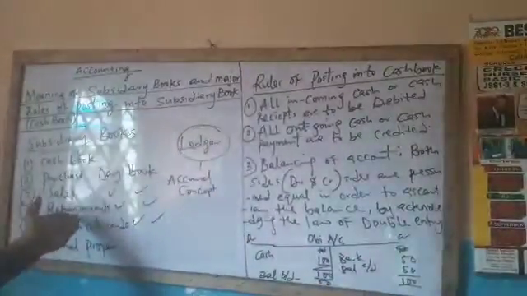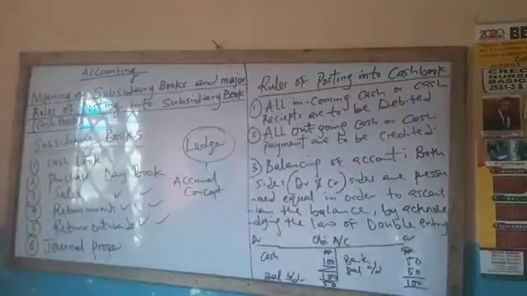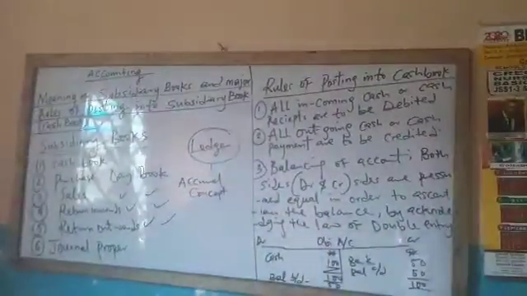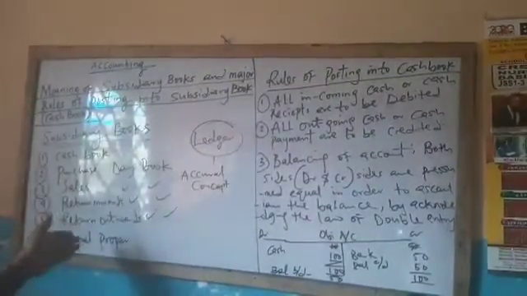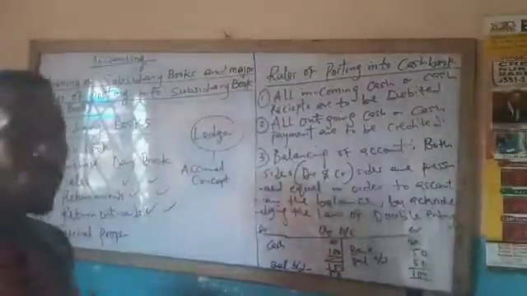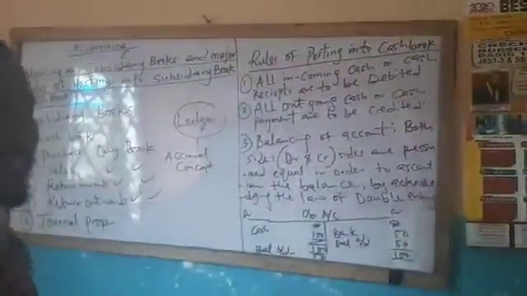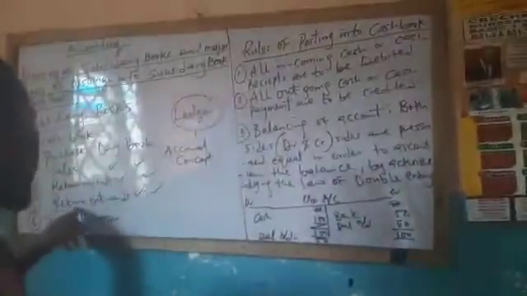The return inwards day book, this is where all damaged goods which are sold out that are returned back to the organization are recorded. Same thing the other way around for return outwards: goods that are bought on credit that are damaged, when they are sent back, this is where it is being recorded.